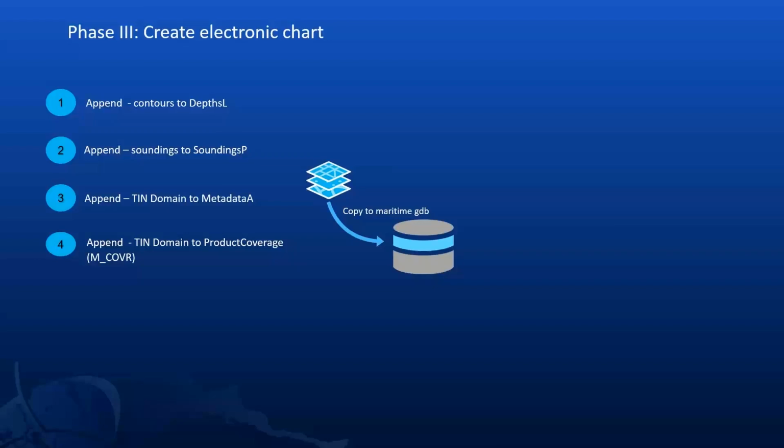And then we'll take the TIN domain and append it to the MetadataA feature class in the Maritime Geodatabase. Also, there are some tables in the Maritime Geodatabase that define what the cell extent is and other cell metadata, called the product coverage table, so that same TIN domain polygon would go in there.